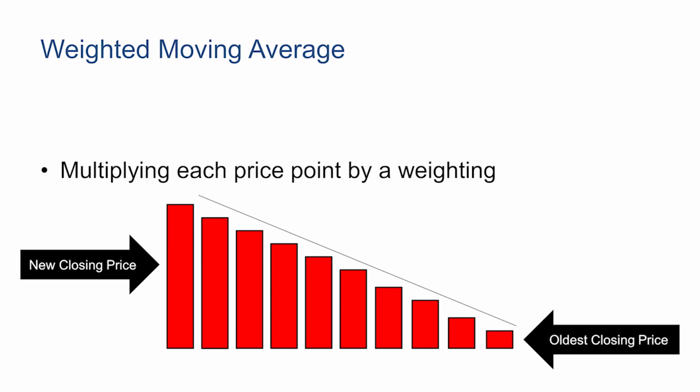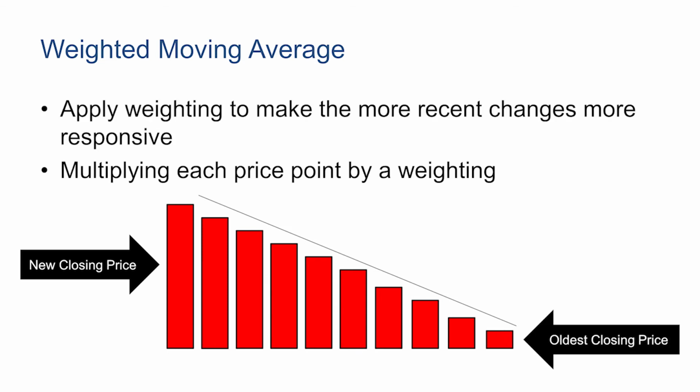The goal is to make it more responsive to the most immediate price move. By weighing the most recent price move more than the price moves at the back end of the sample, what it does is it forces the moving average to turn quicker.